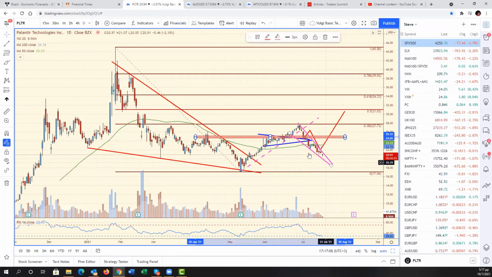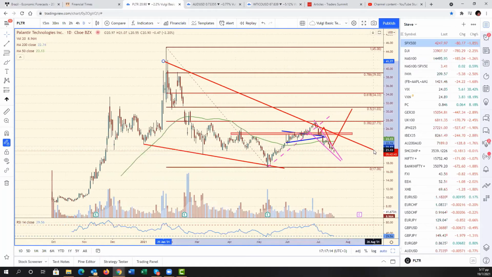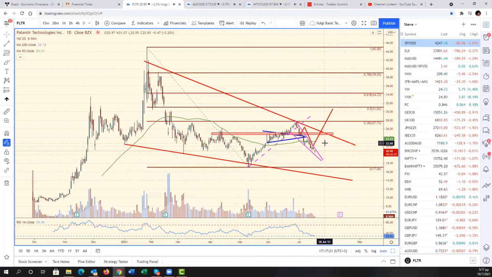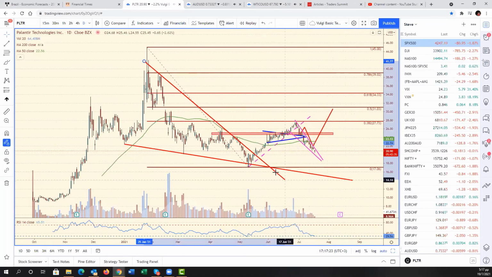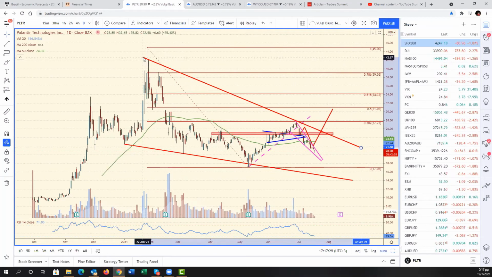But on the other hand, I wouldn't want to see much lower prices because then we might just be in a more complex corrective move. Like, let's say something like this, right? That's a chance, right? Instead of that being the corrective move, we might be seeing a corrective move that looks more like this.